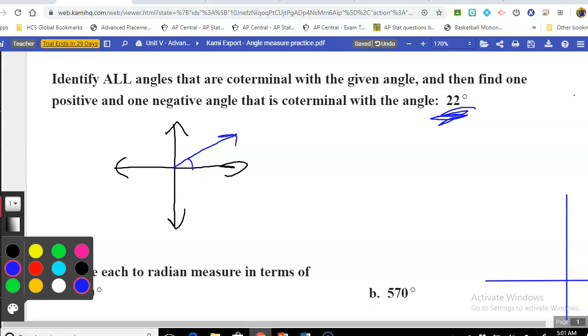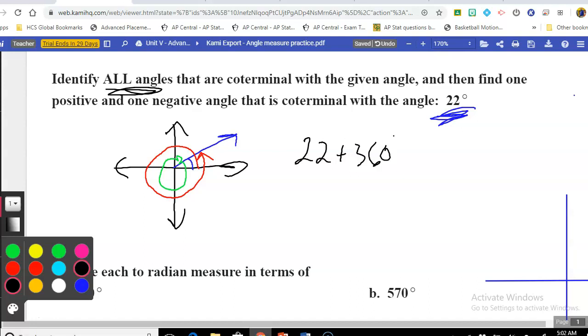Another way to get there would be to rotate around here, by adding one full rotation, or we could go from that place to here, in the other direction. So one way to write the expression for all the angles is to take 22 and add 360 times some number of rotations.